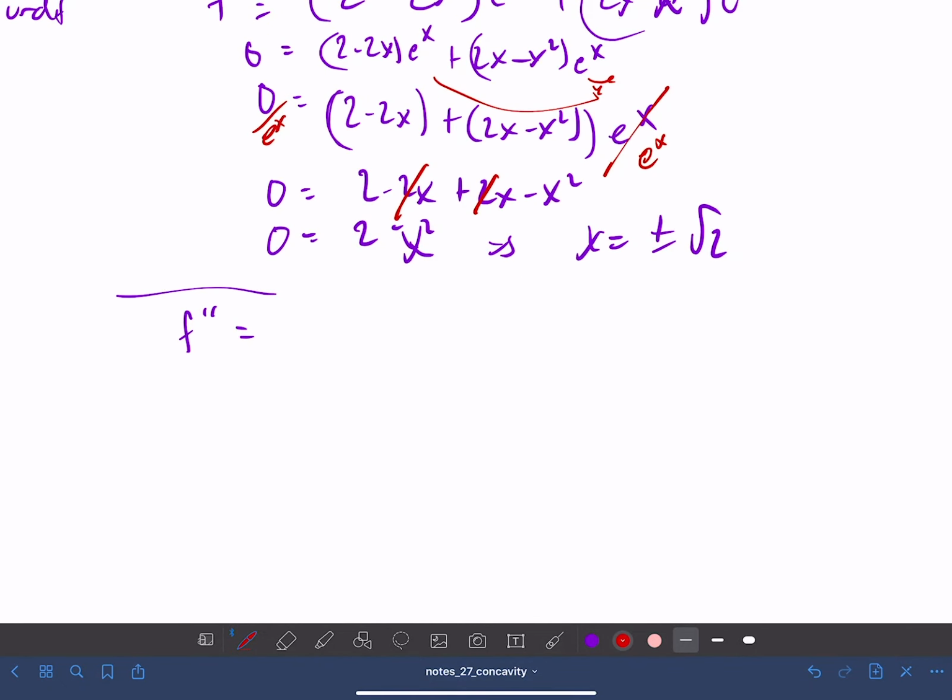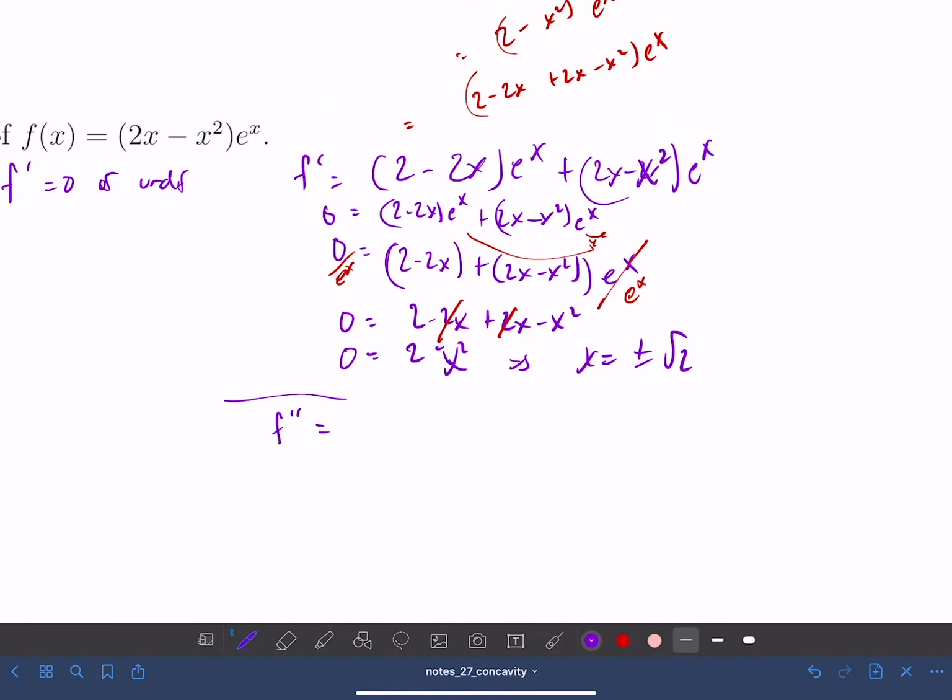So let's repeat that: (2 minus x squared) e to the x, prime. Product rule: minus 2x e to the x plus (2 minus x squared) e to the x.